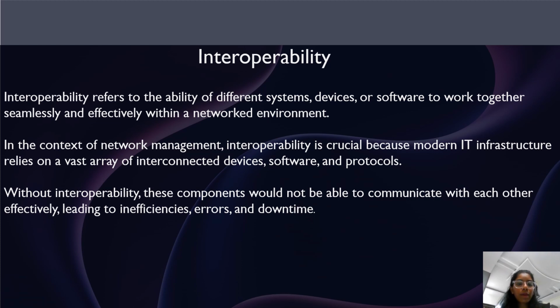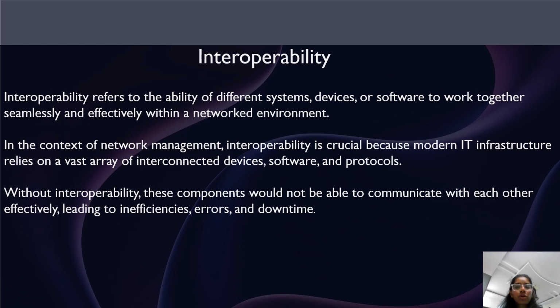Interoperability refers to the ability of different systems, devices, or software to work together seamlessly and effectively within a networked environment. In the context of network management, interoperability is crucial because modern IT infrastructure relies on a vast array of interconnected devices, software, and protocols.